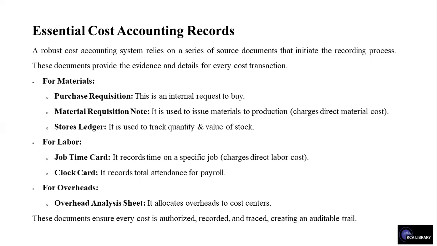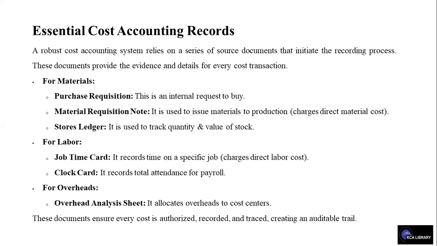Also, there is the material requisition note, which is used to issue material to production and charge direct material cost. We also have the store ledger, which is used to track quantity and value of stock.